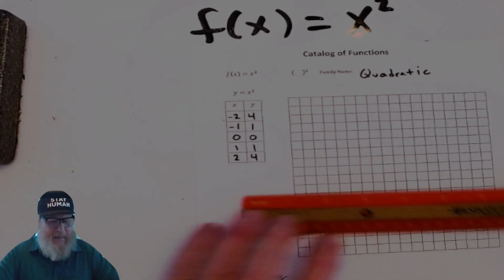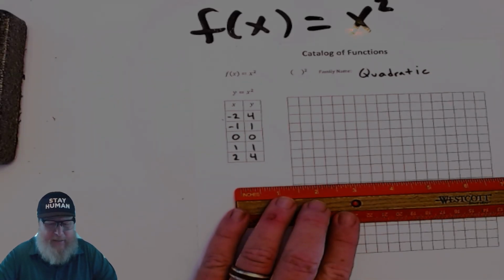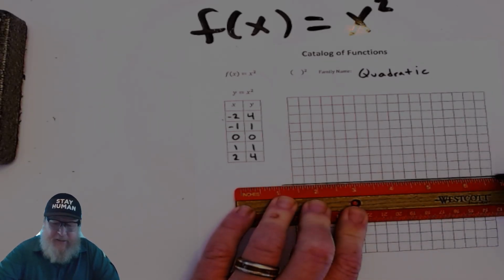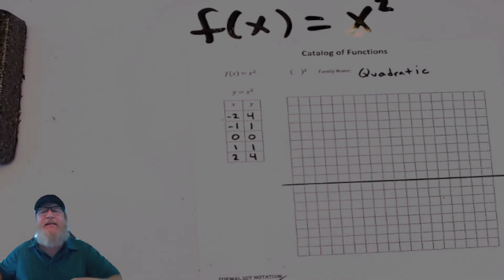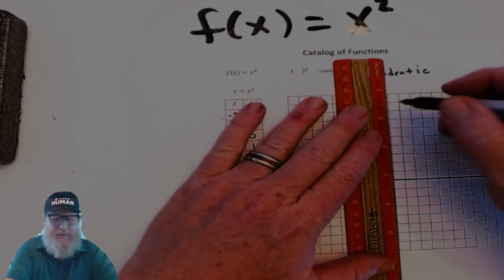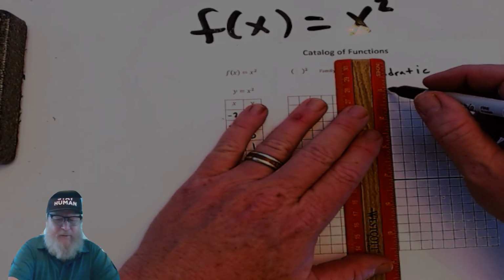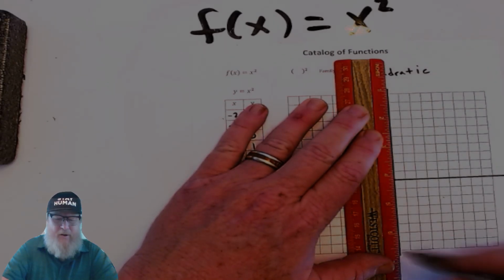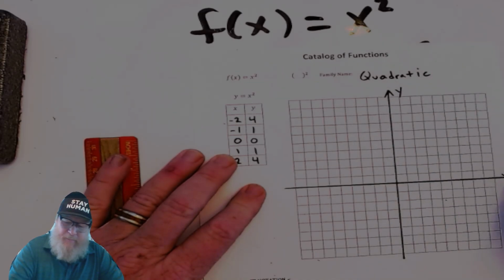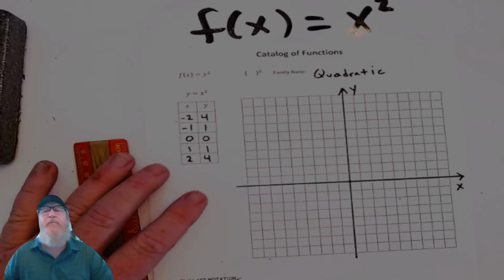Okay, so again, you want to put the x and y axes appropriately. For this one, I like to put my x-axis just a little bit down, not exactly in the middle. It's an artistic choice. I just find that the graph looks a little bit better.